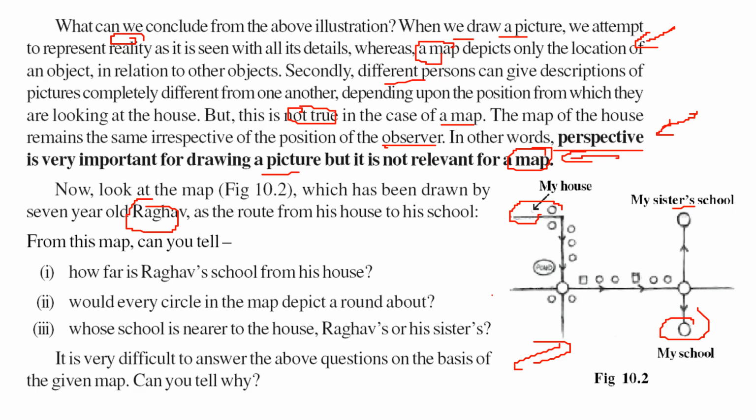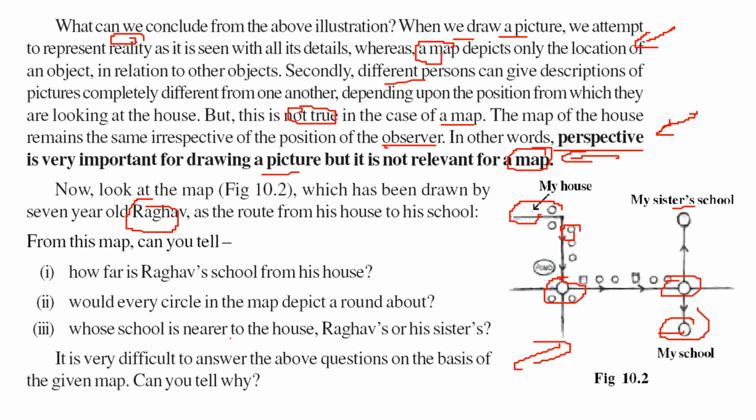If I were to ask you how far Raghav's school is from his house, will you be able to tell? Not really. Would every circle in this map depict a roundabout? This circle, this circle, this circle, because there are various circles.